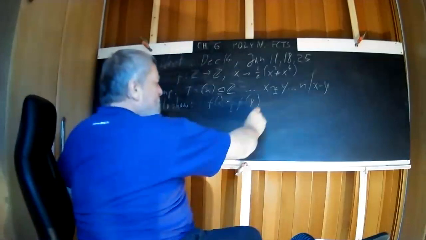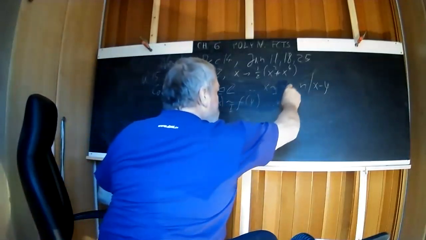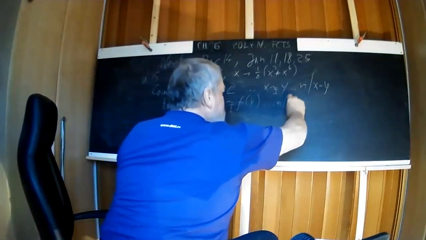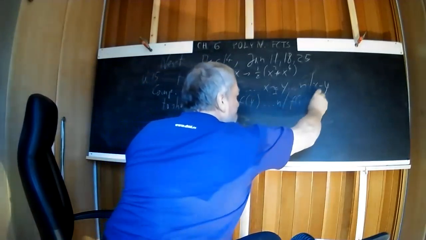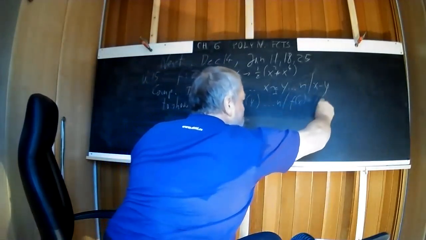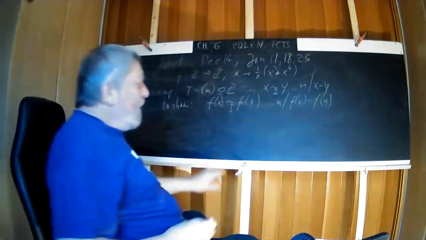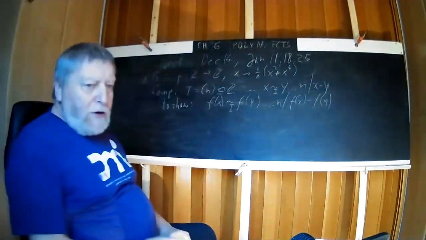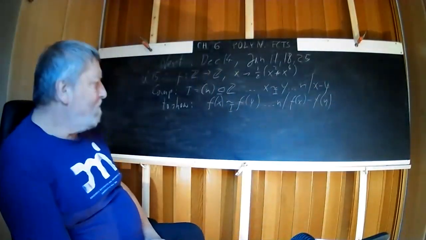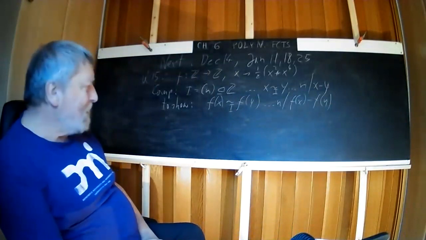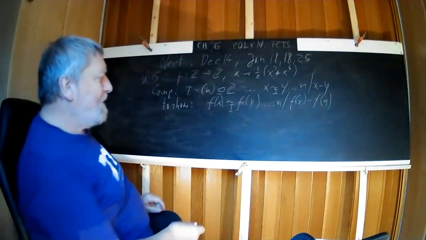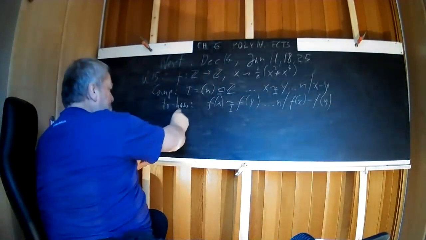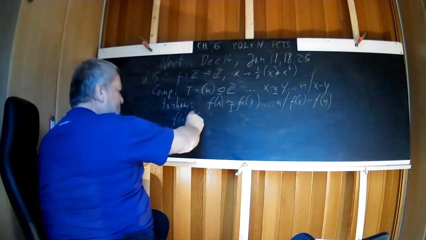So we have to show that n divides f of x minus f of y. Okay, let's simply get our hands dirty and start doing this. What is f of x minus f of y?